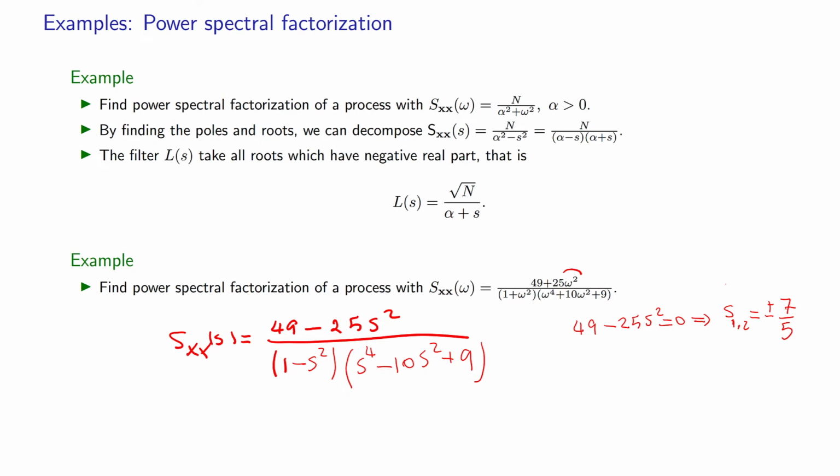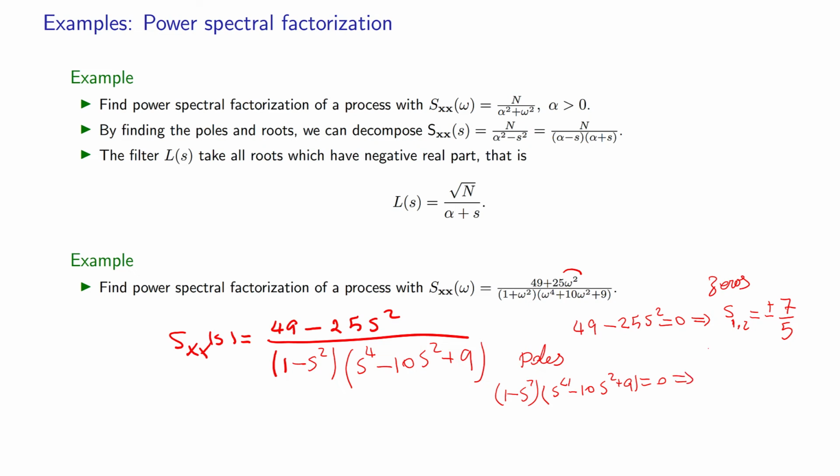These are zeros. For poles, I solve the denominator: 1 minus s squared times s to the fourth minus 10 s squared plus 9 equals 0.